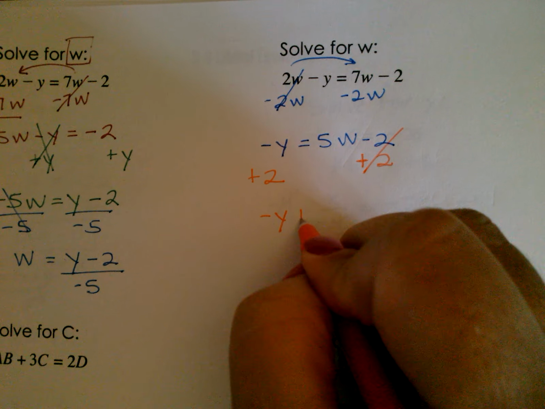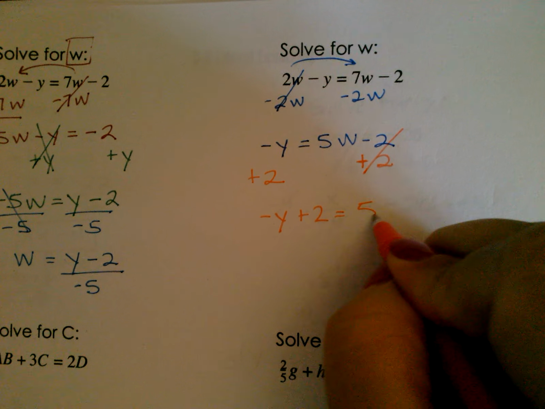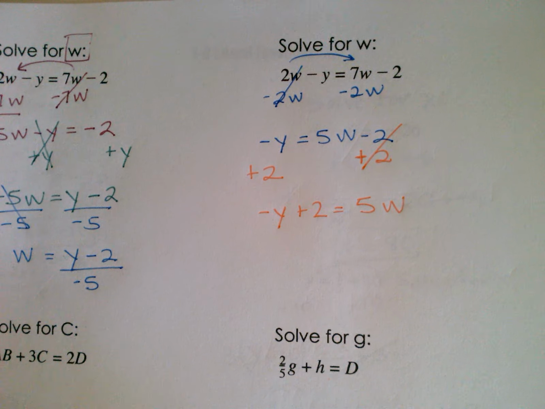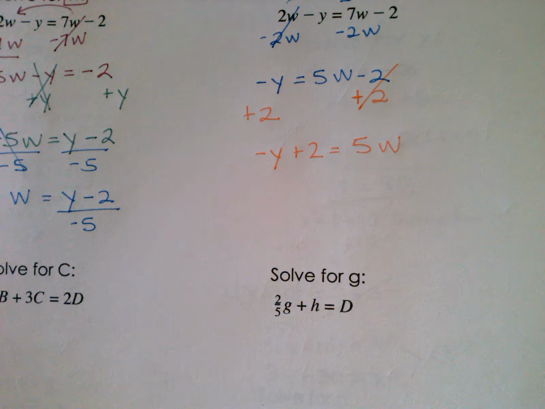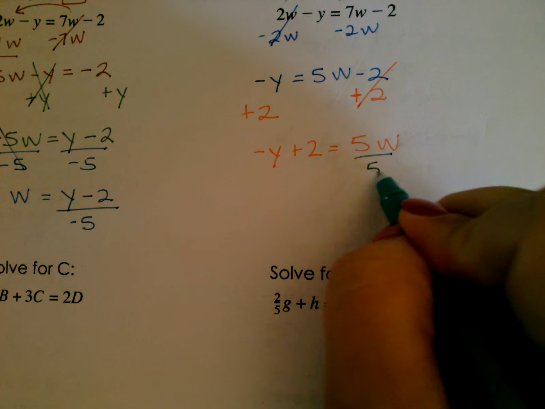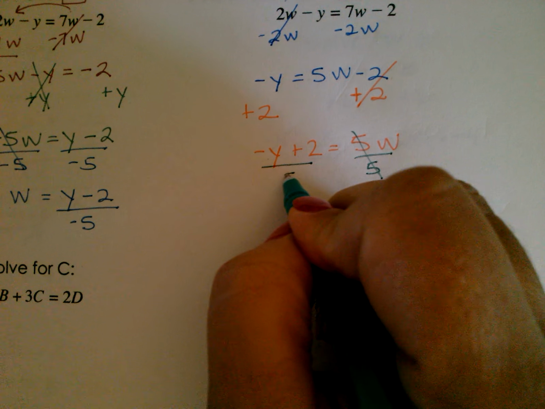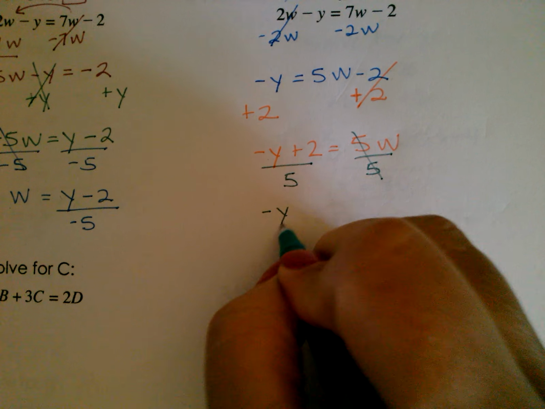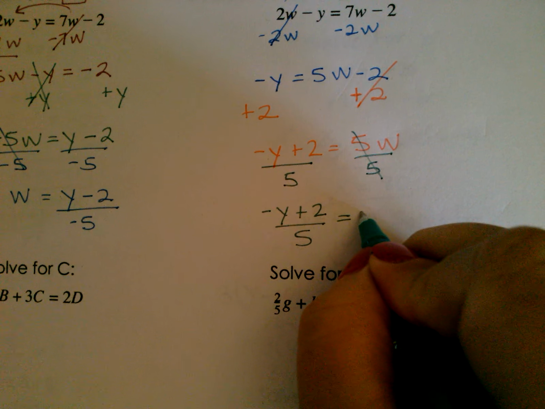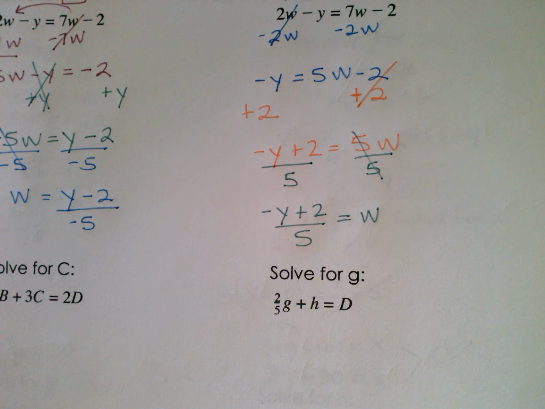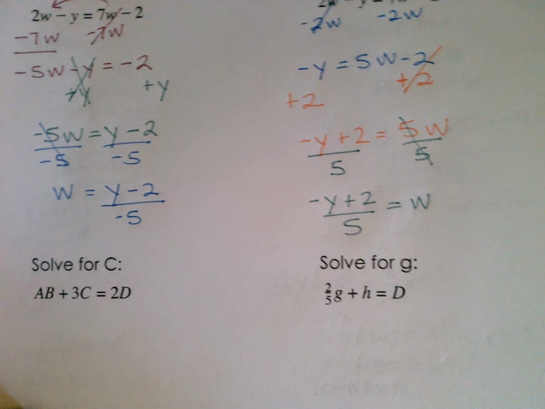I still am going to write this with the variables first in descending order. A number written next to a letter means multiplication, so I would divide by 5. Negative y plus 2 divided by 5 equals W.